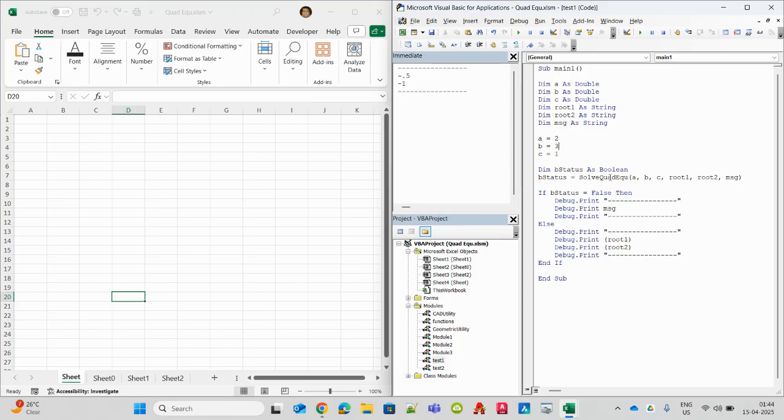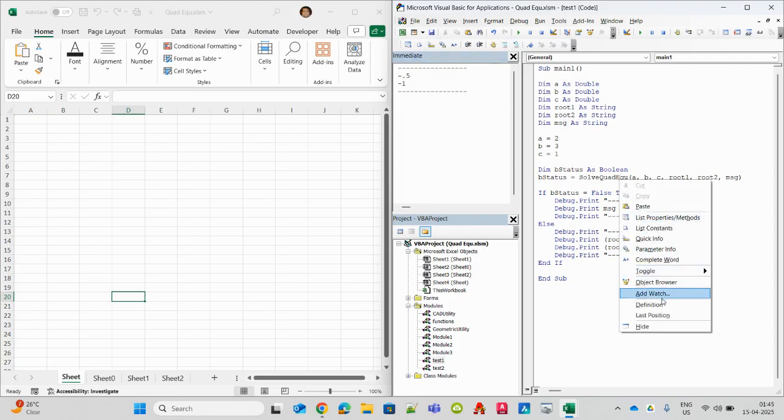Now how is this evaluated? This solve quadratic equation function takes a, b, c as input, and these two roots, root 1 and root 2, are returned from this function along with a message. Root 1 and root 2 are printed here in the immediate window.